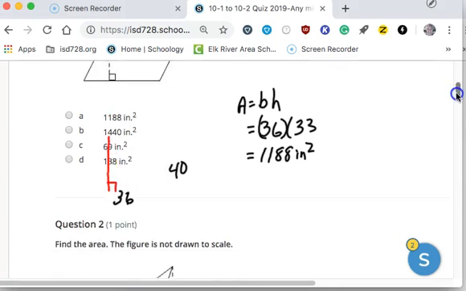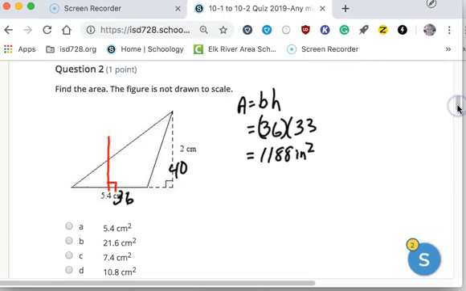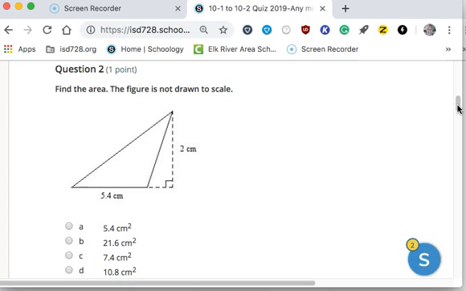In question 2, we are looking at a triangle. And in a triangle, we're looking at a base and a height. I don't care about the extra stuff because the height is the distance from the base to the vertex opposite it, or it's the distance from the line that contains the base to the vertex opposite.